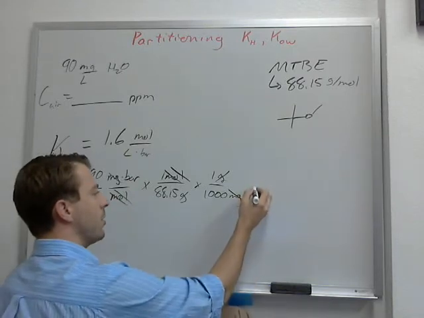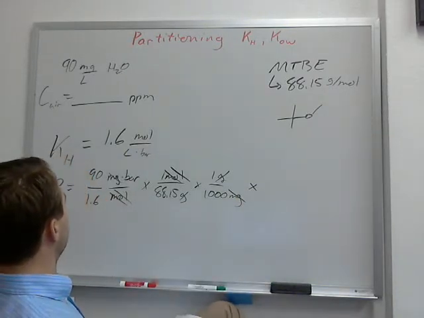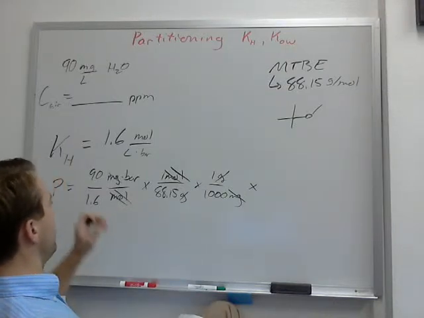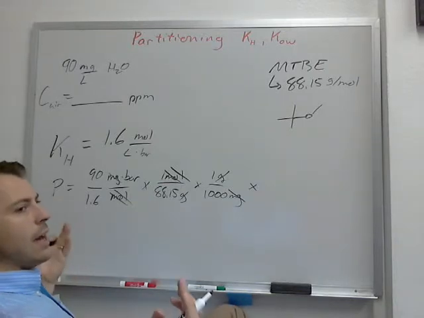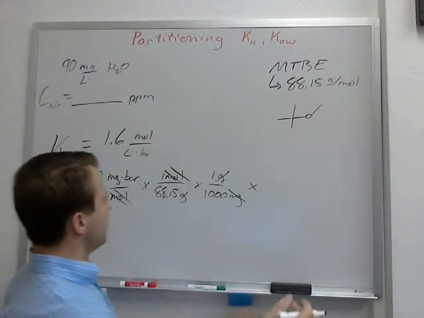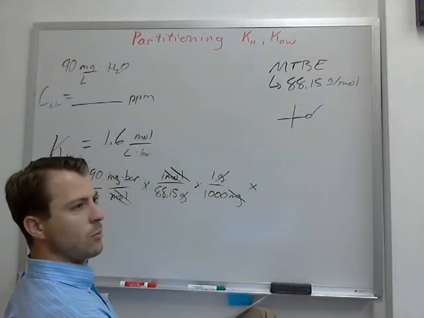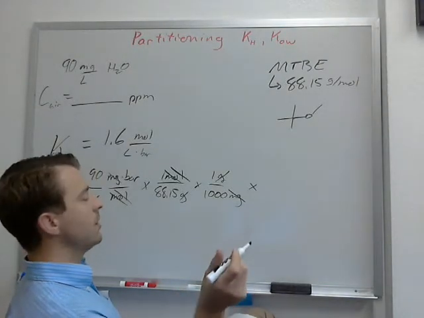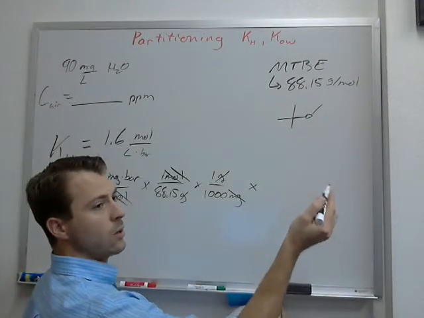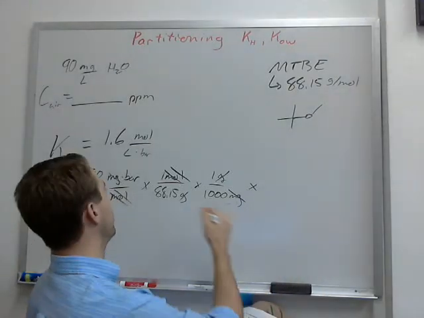And so we just get rid of our bar by saying we've got this many bar, and that's out of how many bar in the environment. I don't actually know that offhand. I think it's 1.01 something, but because I don't know it and I don't want to stop the video to look it up, I'll just go into torr and then convert, because I know that there's 760 torr in the atmosphere.